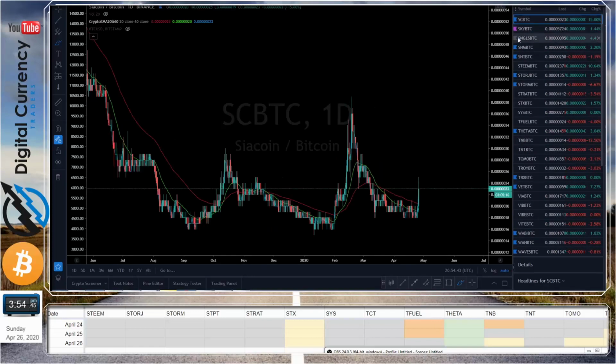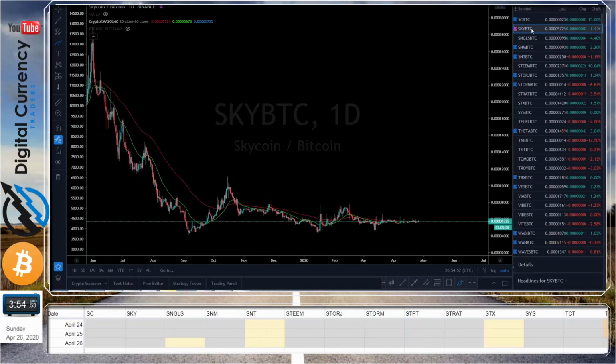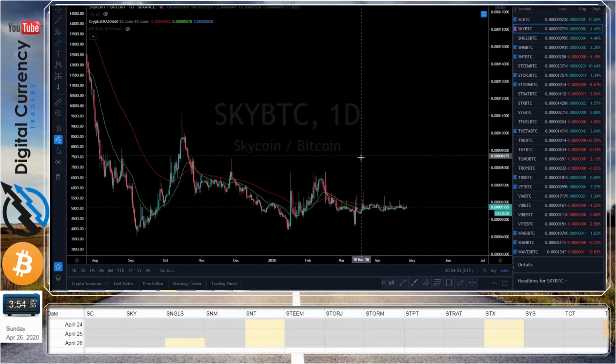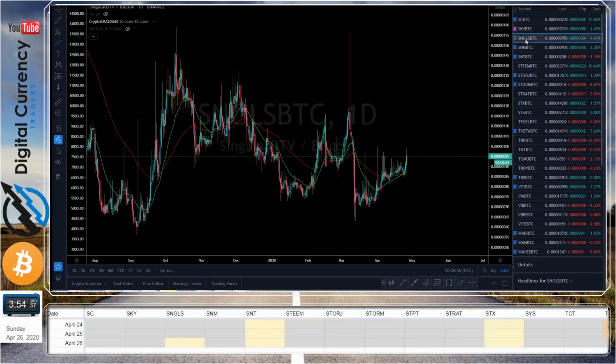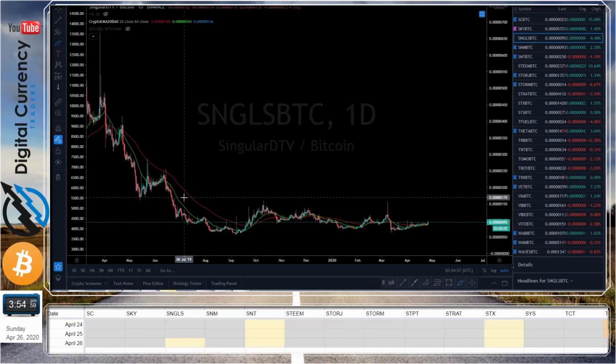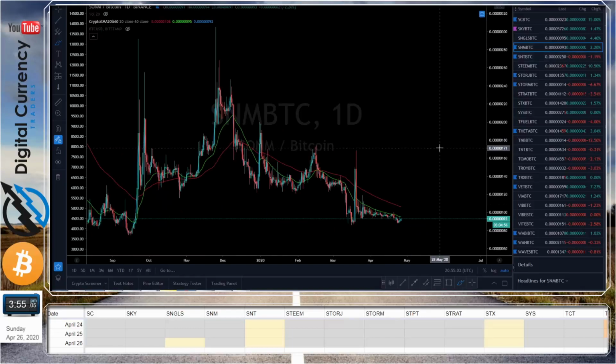Coin. SKY. Close, but not yet. Singles or whatever it is. I like the bottom formation here. It could be setting up soon. It's in alert stance. SNM. Nothing doing here, but it'll jump.